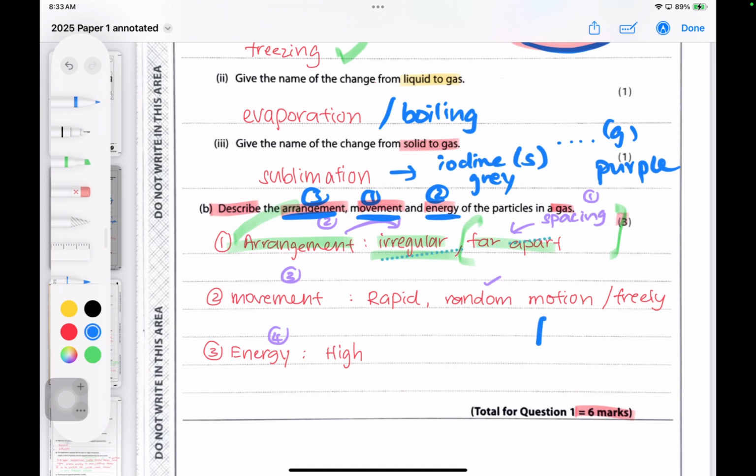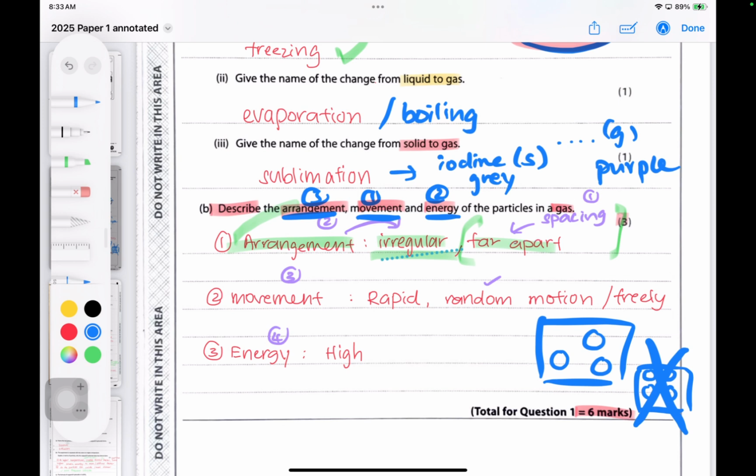So if you were asked to draw gases, you'll want to draw them far away, not touching one another, and random. If you were to draw gases like this, looking like a Lego box or block, you actually won't get any marks because it's too neat. So make sure the arrangement is irregular and it's far apart. That's the key word. Out of that, you actually will get 2 marks really.